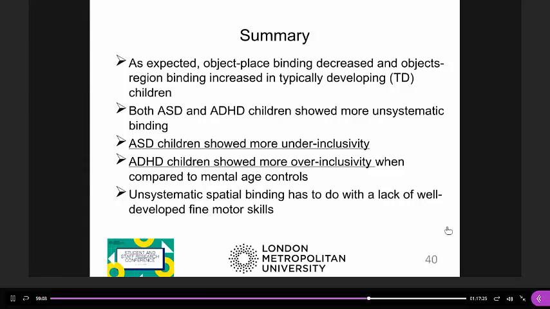So the summary is, as expected, object place binding decreased and object region binding increased in typically developing children.